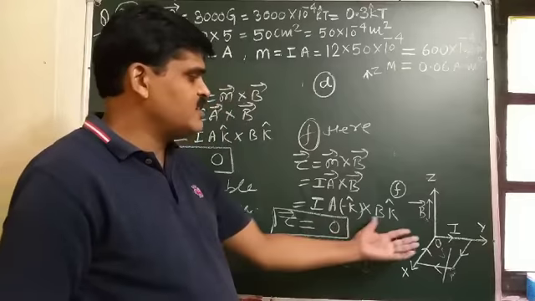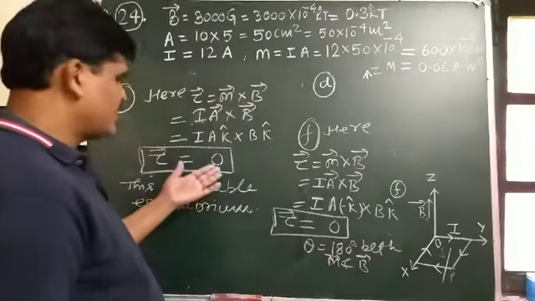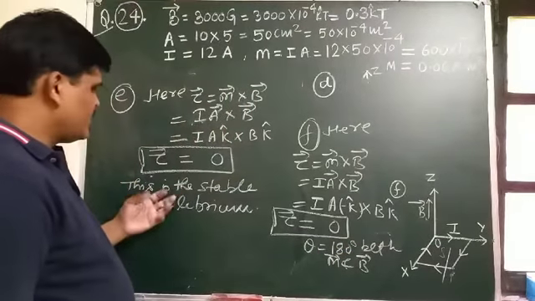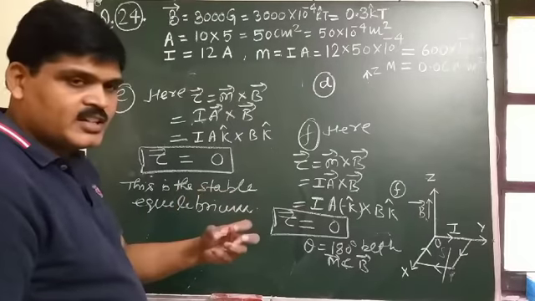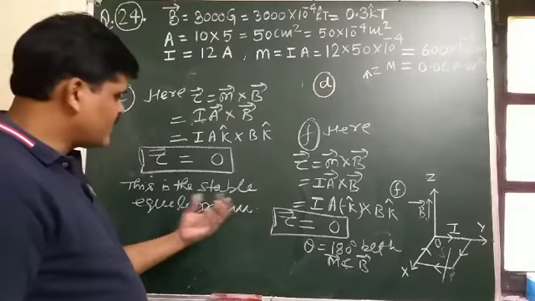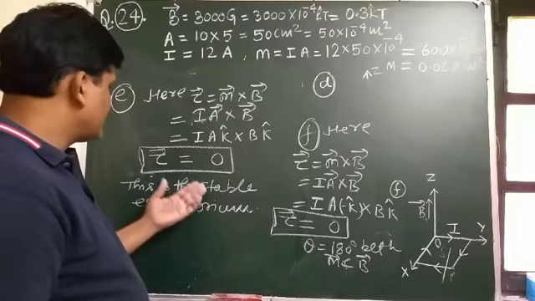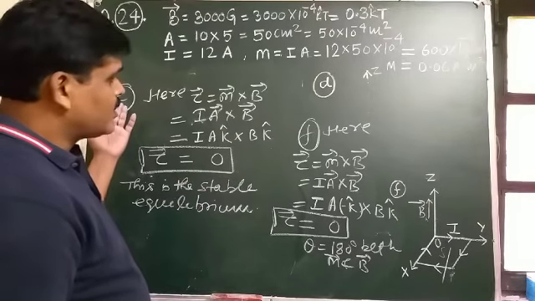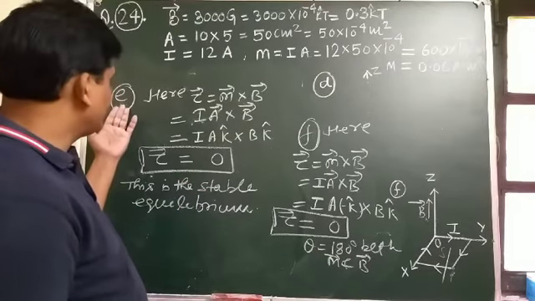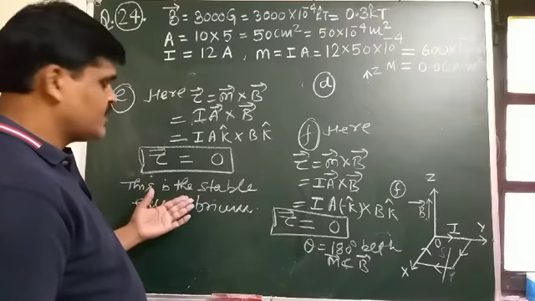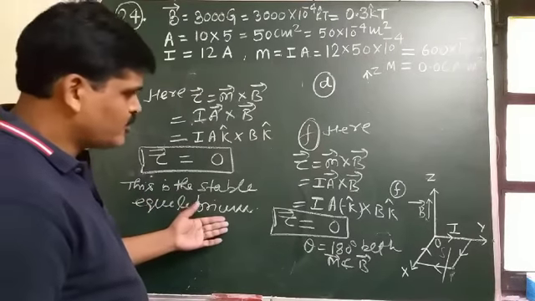So this is the unstable equilibrium. But in case E, when the loop is slightly displaced, it regains its original position. So loop E is said to be the stable equilibrium.